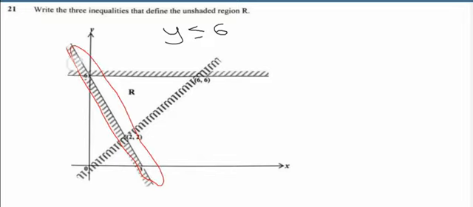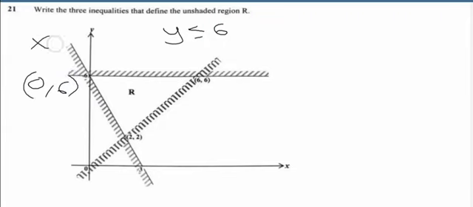As for this one here, we need to get the coordinates. Let's get the coordinates at this point here. This line is cutting at 6 in the y-axis. Now in the y-axis, x is equal to 0. So we are just going to say (0, 6) at this point, because coordinates obey the layout of x, y, which means the first value is the value for x, and the second one is the value for y.